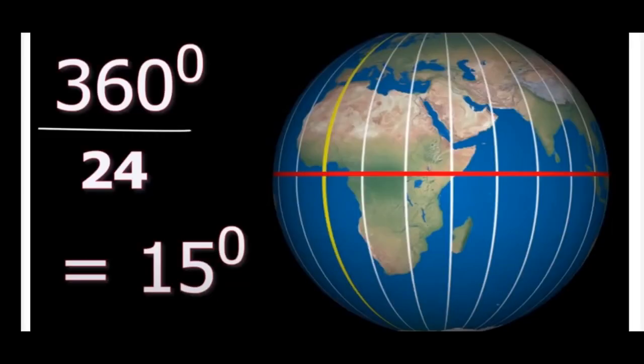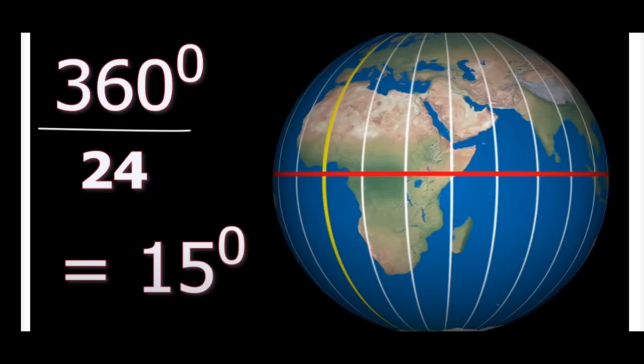As you all know, the earth takes 24 hours to complete one rotation. It means it takes 24 hours to go around itself to cover 360 degrees of longitudes. So if you divide 360 by 24, you will get 15 degrees.